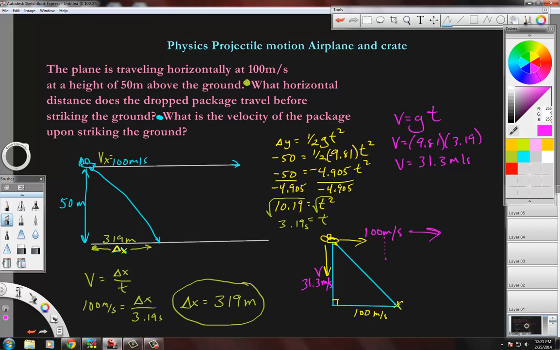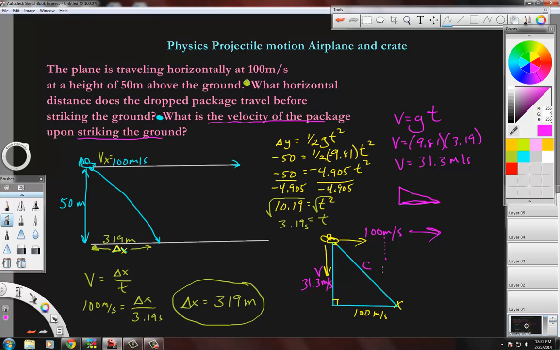It would actually be a little bit flatter, kind of like this, kind of like that shape. That's what happens when I freehand triangles. But the thing you're looking for, what is the velocity of the package upon striking the ground? That's the hypotenuse here in terms of speed. So what we need to do is Pythagorean theorem, a squared plus b squared equals c squared.